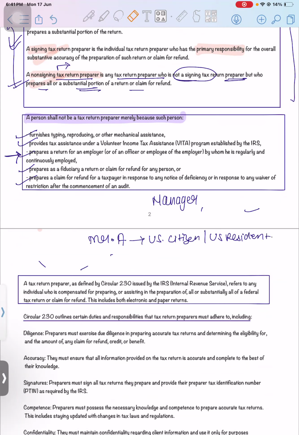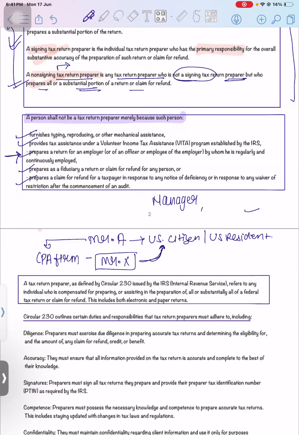He goes to one of the CPA firms, and let's say Mr. X, a CPA, is going to handle his return. Now, since he is not going to wholly prepare the return himself, he assigns it.